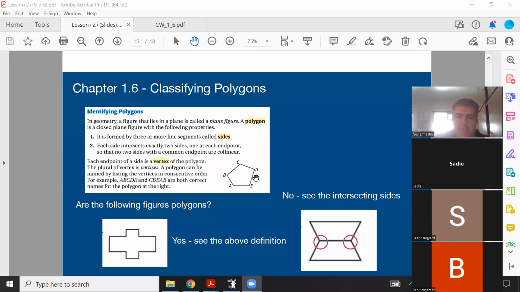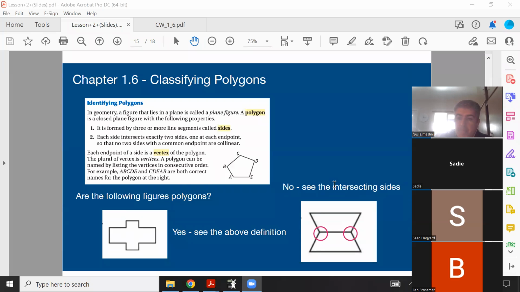Here we go. So polygons. Let's talk about polygons. A polygon is just simply a shape. That's all it is. It's a plane figure, or I mean, it's part of a plane.